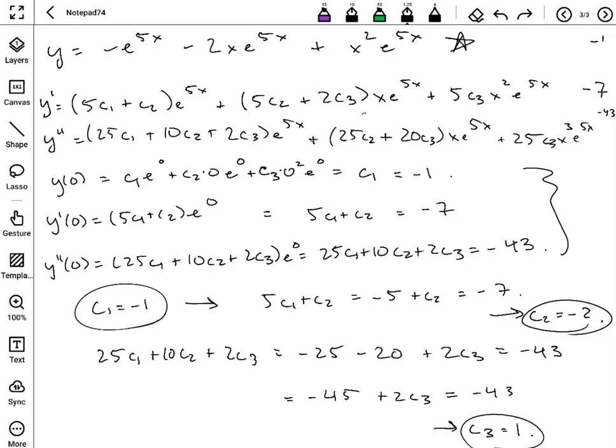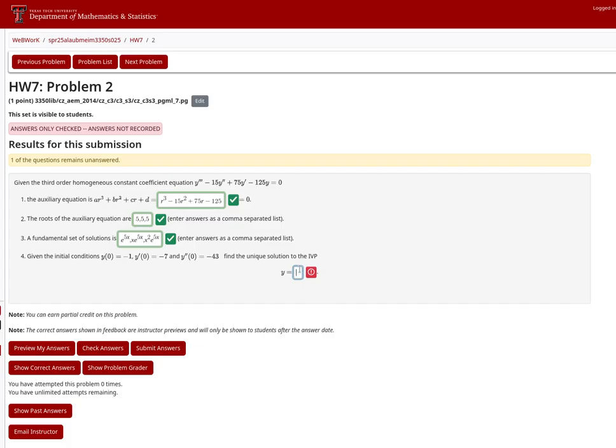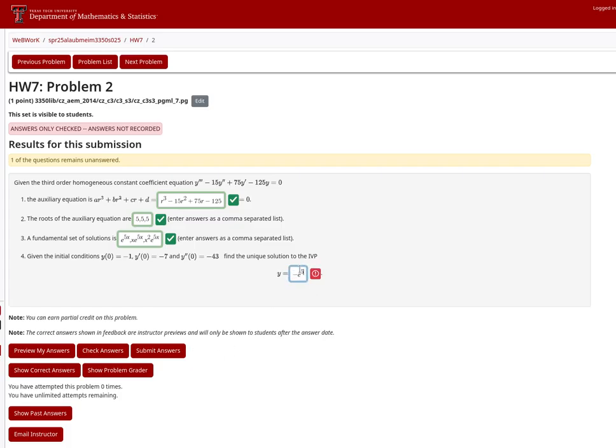And so I'm going to try plugging that in, make sure none of my algebra went wrong. I've got minus e to 5x, minus 2x e to 5x plus x squared e to 5x.